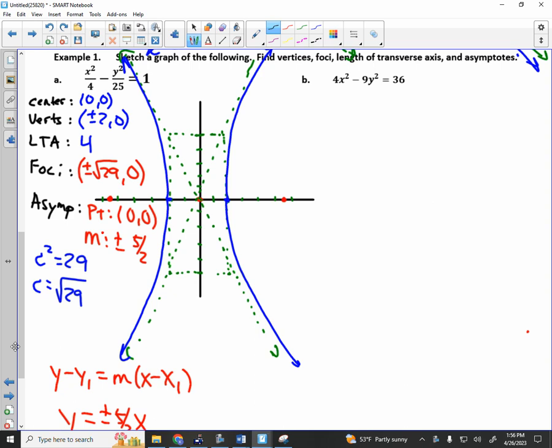We're going to graph this guy. I don't know how to graph it yet. What should I do first? So it's equal to, yes, all the hyperbolas and the ellipses must be equal to 1, so I divide by 36. I get x squared over 9 minus y squared over 4 is equal to 1.